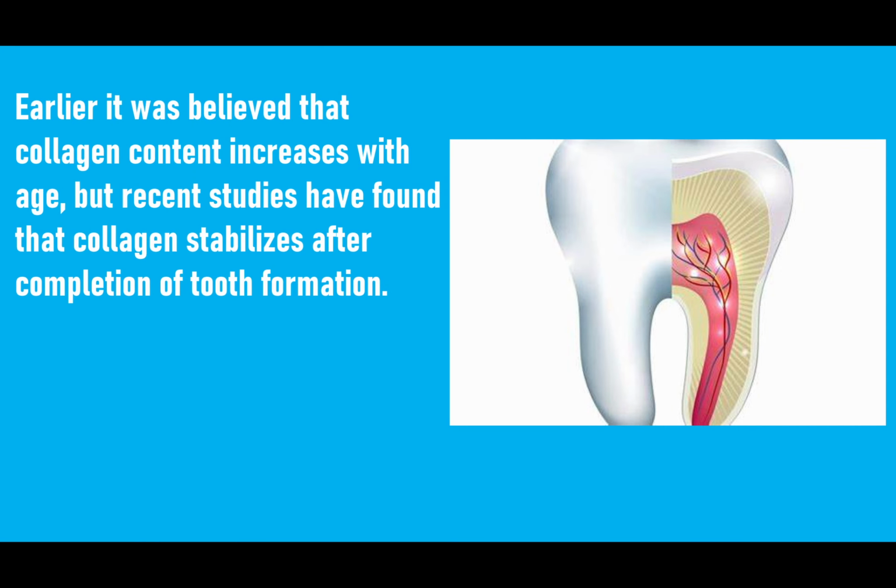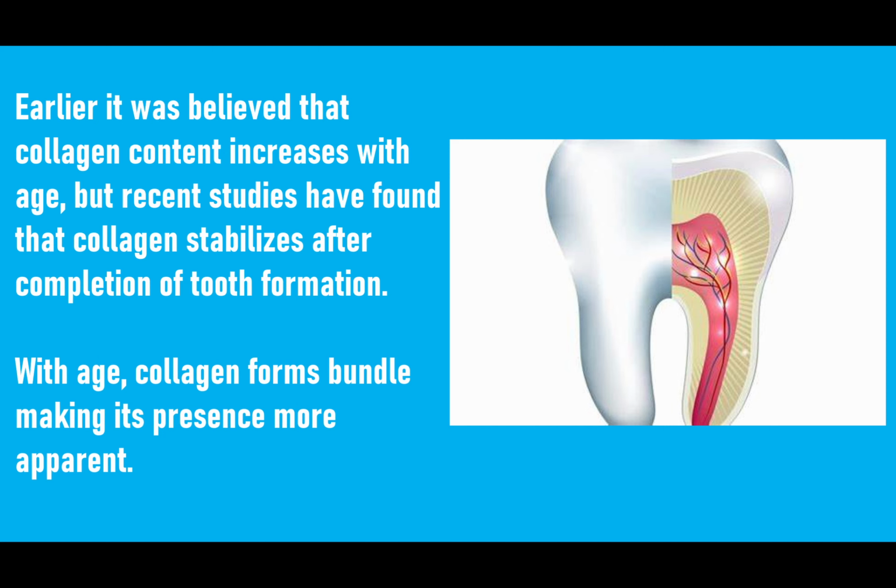Number 7 change that happens in pulp with age is that earlier it was believed that collagen content increased with age, but recent studies have found that collagen stabilizes after completion of tooth formation. With age, collagen forms bundles, making its presence more apparent.